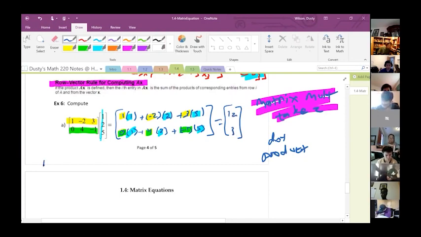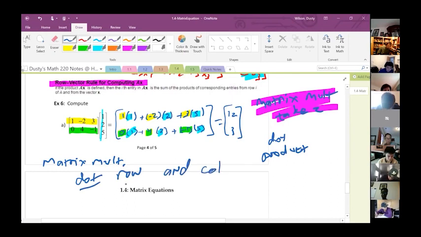So for matrix multiplication, you dot, like it's a dot product, the row and column. The row of the first matrix and the column of the second matrix or vector.